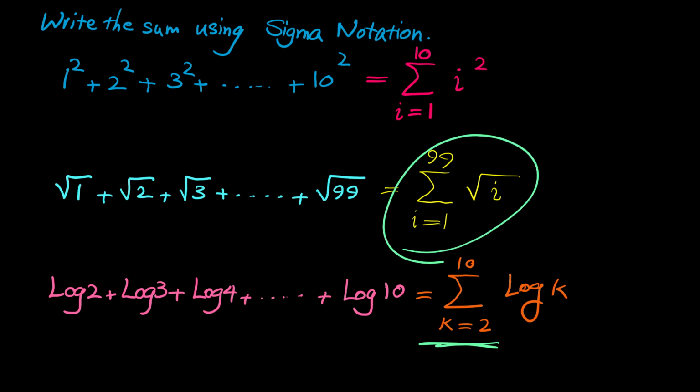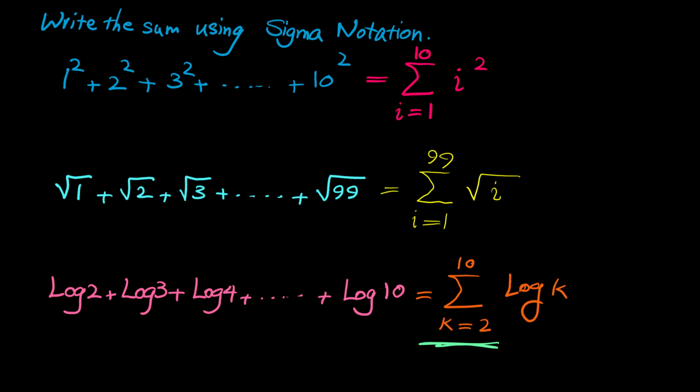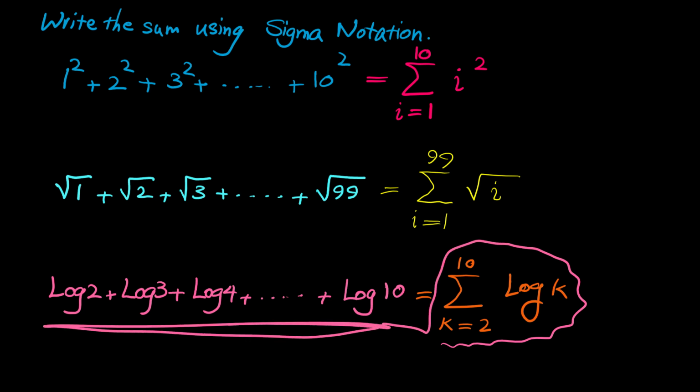Can we change the starting point of a sigma from other than 2 here? Or what about this? Can we write this sum in another way? Yes, there is a way that we can change the starting value of a sigma notation. Let me show you how. Suppose you don't like this sigma notation here for this sum, and you prefer to have a sigma that starts from, for example, 1.